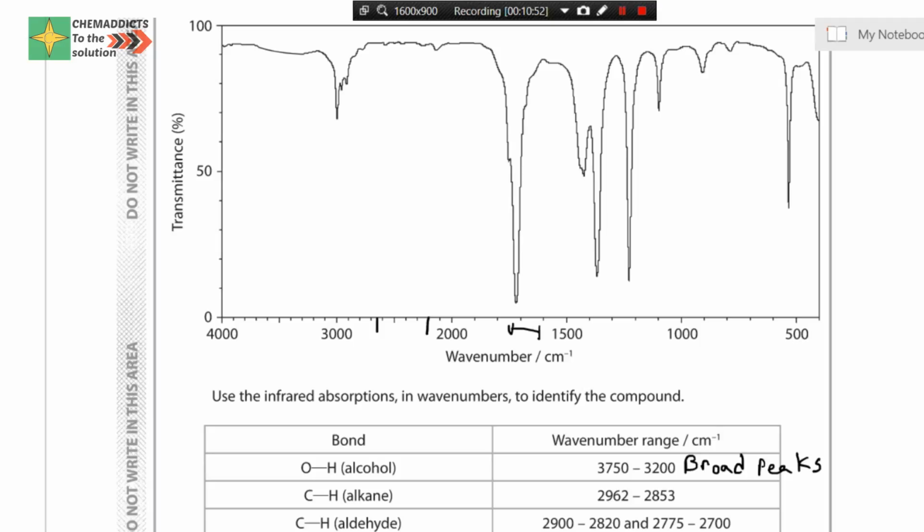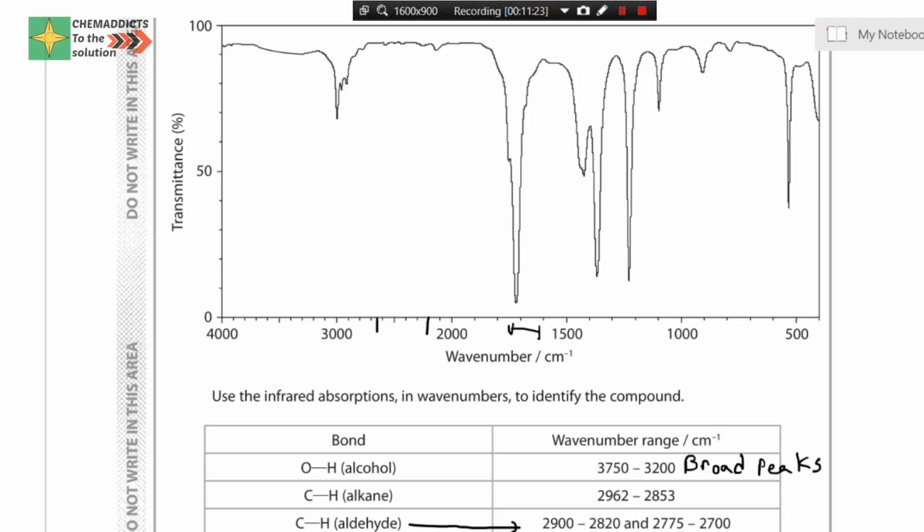Around 2900 to 2700, there is no expected peak. Since there is no expected peak at this wave number, this shouldn't be aldehyde. We are talking about aldehyde. Since there is no peak around this region, this shouldn't be the aldehyde.